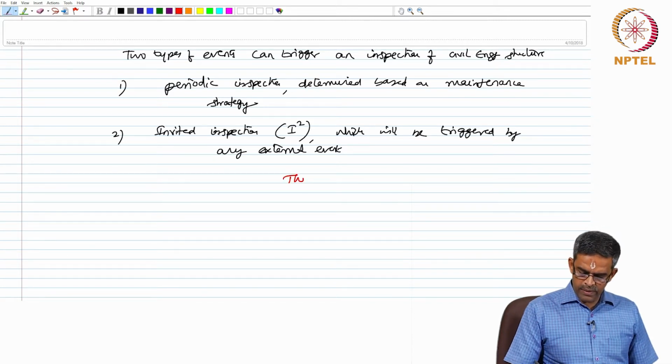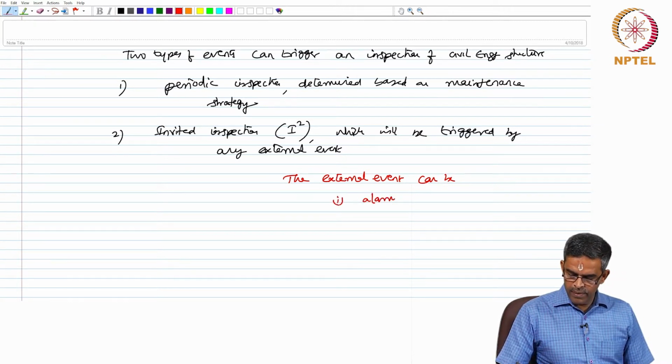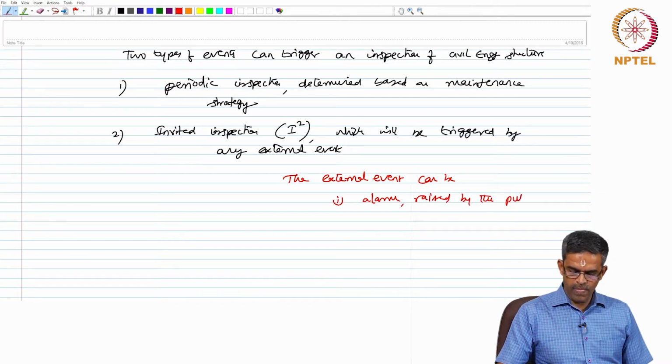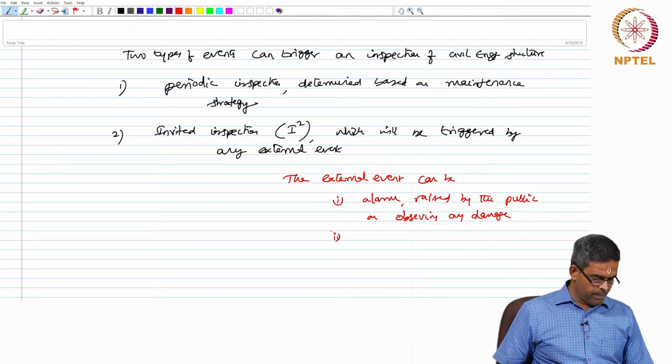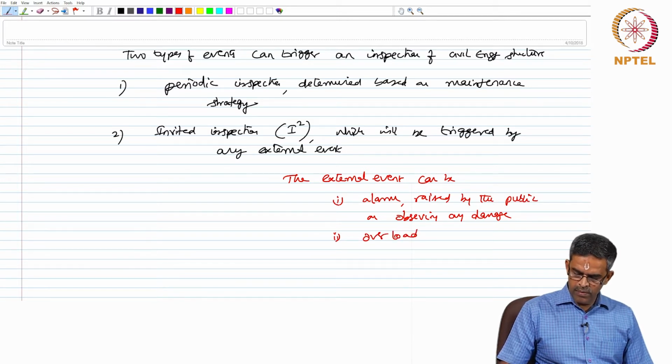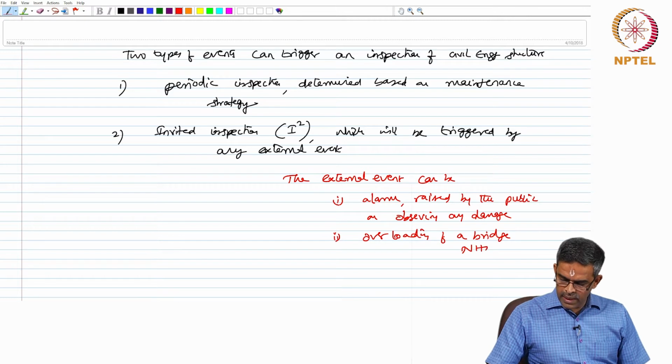The external event can be an alarm raised by the public, on observing any damage. It can be overloading, let us say, of a bridge in NHAI.